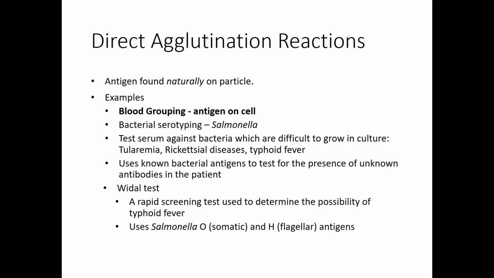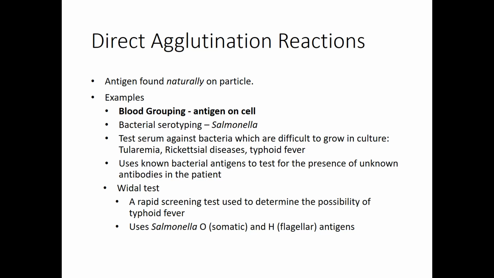There's one more test that we have called the Widal test, W-I-D-A-L, and this is a rapid screening test used to see if there's typhoid fever. It's a direct agglutination test, and it uses cross-reacting antigens of Salmonella O and some H flagellar antigens to do it.